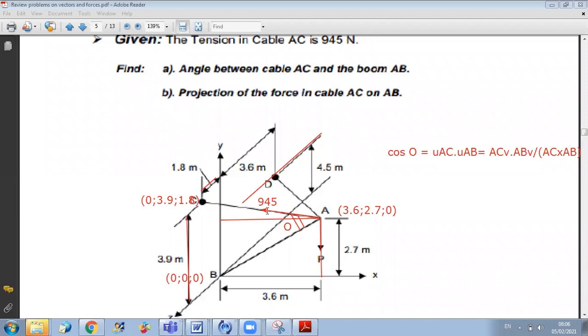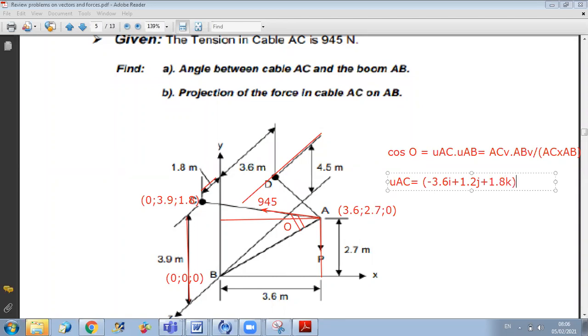Now, once I have determined the coordinates of the points, it's very simple to find the unit vectors. Starting with the unit vector of AC, as usual, I take X of C minus X of A, so it's minus 3.6i. Y of C minus Y of A, 3.9 minus 2.7, so plus 1.2j. And 1.8 minus 0, so plus 1.8k.